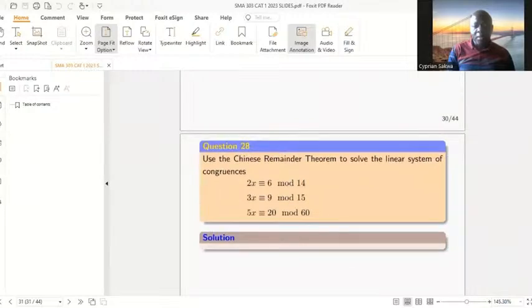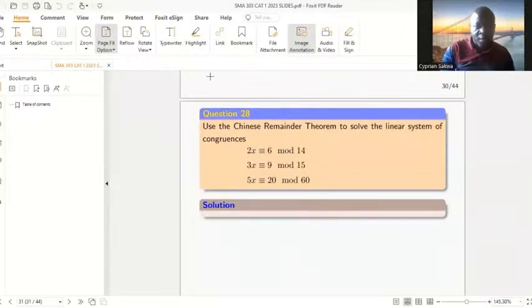Use the Chinese remainder theorem to solve this. Why was I interested in this question? It appears like the one in the previous example 27, but you consider this one as a common factor.